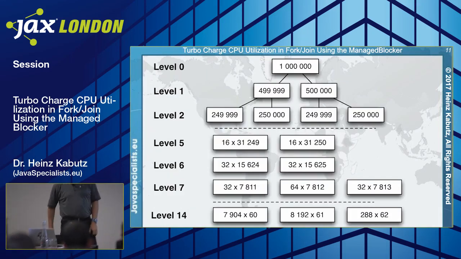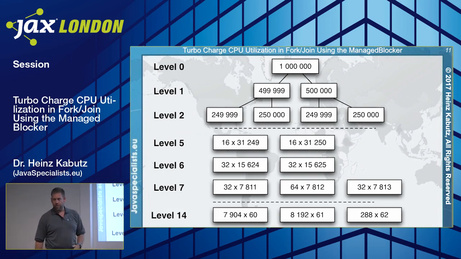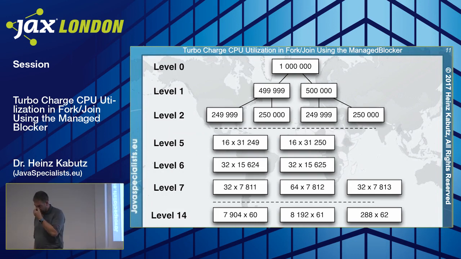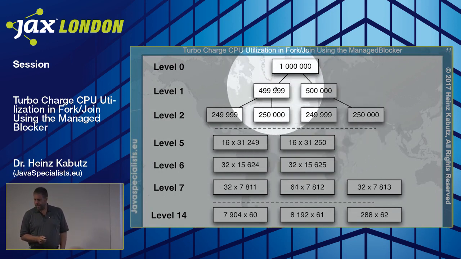What's interesting is that if you look at the numbers that need to be calculated for Fibonacci 1 million, you start at the top with 1 million, which is split into 499,999 and 500,000.